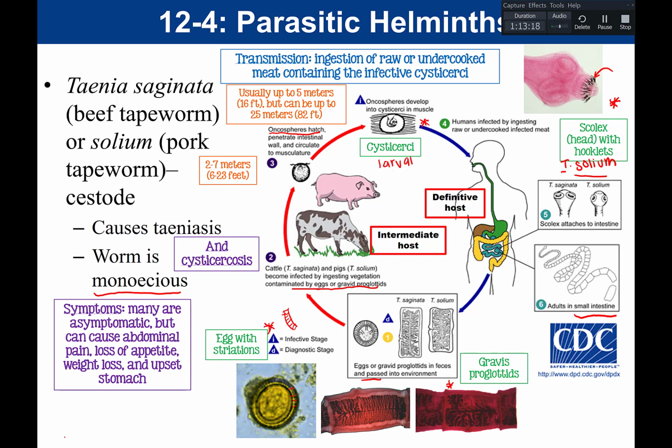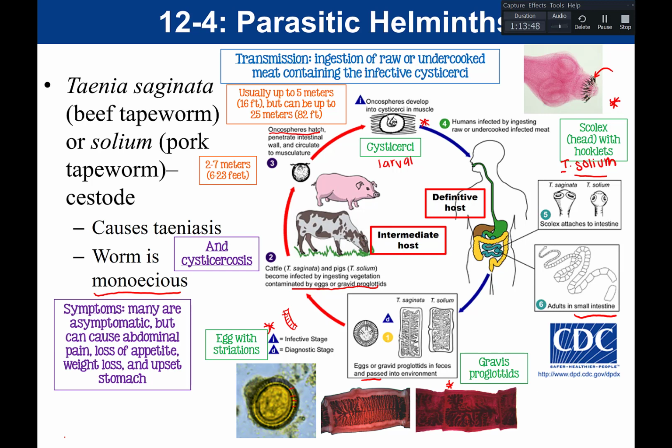If we do have symptoms, it can cause abdominal pain, loss of appetite, weight loss, and upset stomach. The most visible symptom, or the thing that you can see that might indicate that the patient has taeniasis, is the active passing of proglottids through the anus and in the feces.